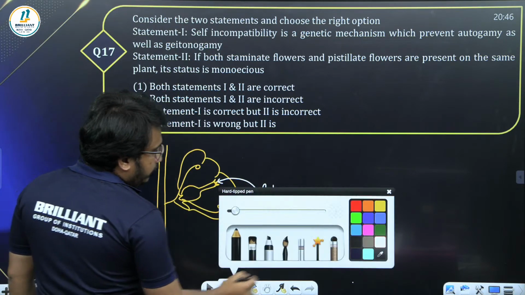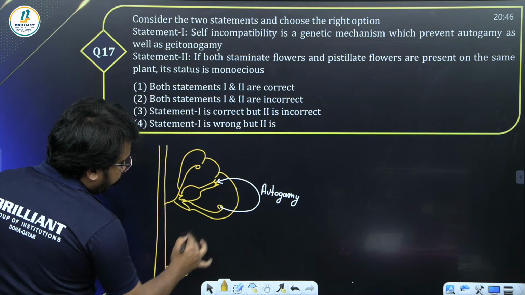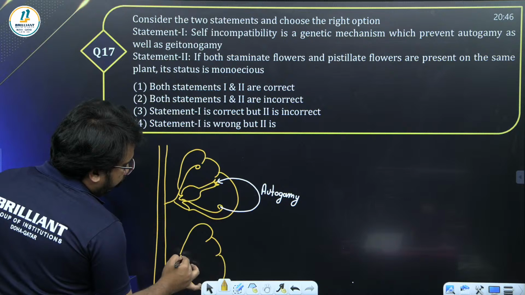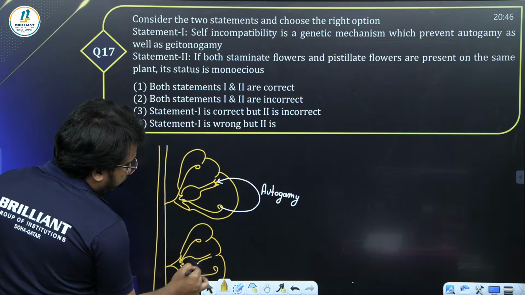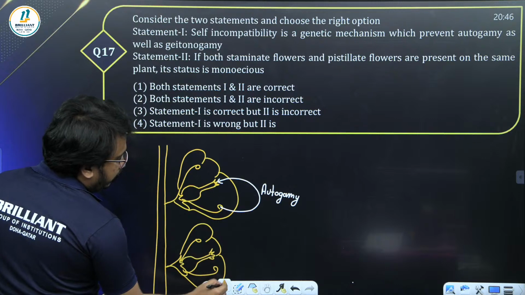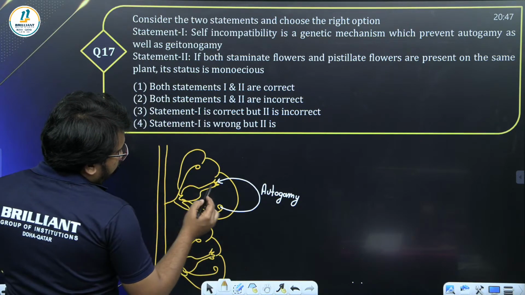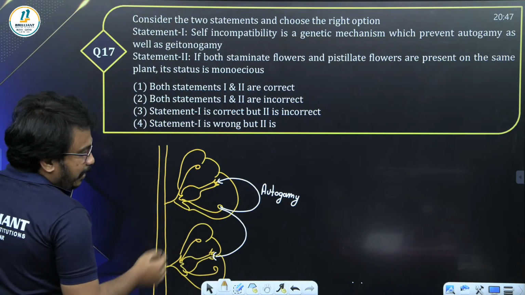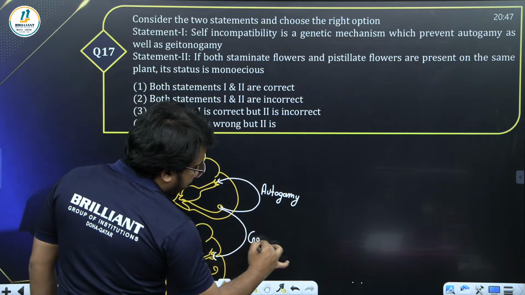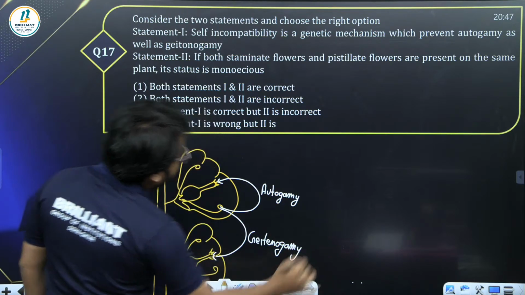Then, if there is transfer of pollen grains from anther to stigma of different flowers of the same plant, that is called geitonogamy.